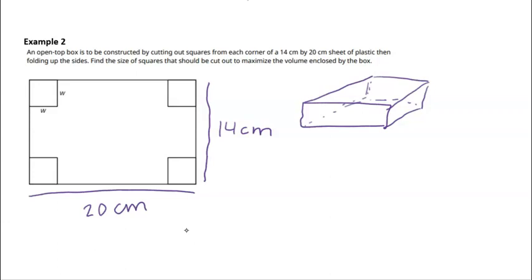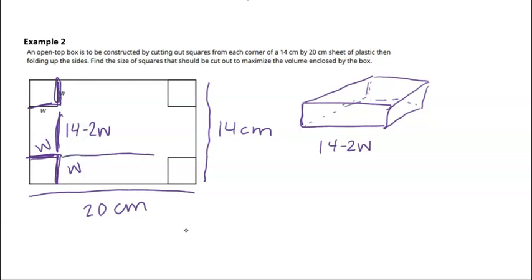Well, one thing that I want to make sure that we see is once we cut out W here and that exact same here, then the length that is left here is 14 minus 2W. Same thing here. When I cut out W from both sides here, I get 20 minus 2W.